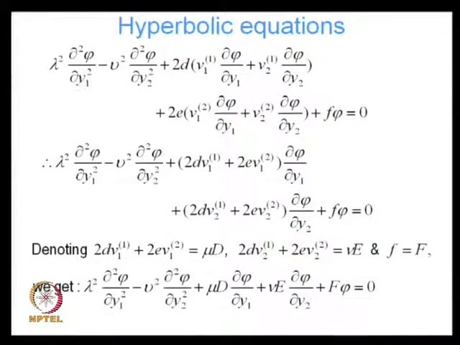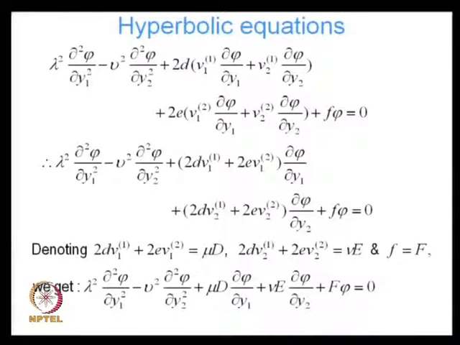Well, it takes this form, lambda squared ∂²φ/∂y1² minus nu squared ∂²φ/∂y2², right. So, this is the L phi term that we saw earlier, and this is what happens to my first order partial derivatives when I write them in terms of y1 and y2 rather than x1 and x2, right.